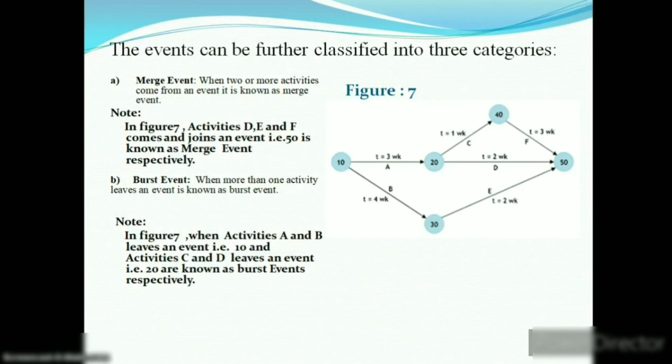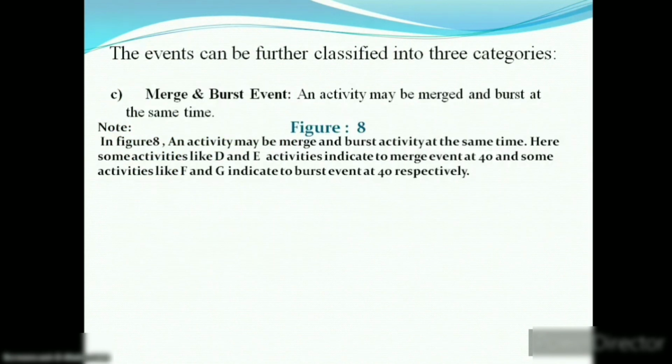In the same figure, activities A and B leave event 10, and C and D leave event 20. So 10 and 20 are known as burst events.